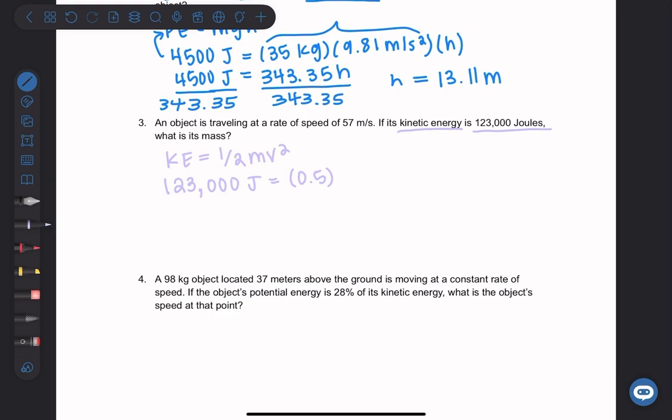.5 is the same as 1/2. The mass is what we want to find, and the speed is 57 meters per second. I want to square that. Okay, so do 57 squared, and then divide by 2. You should get, let me write this out, 1,624.5 m, and then to find m, we divide both sides by that number.